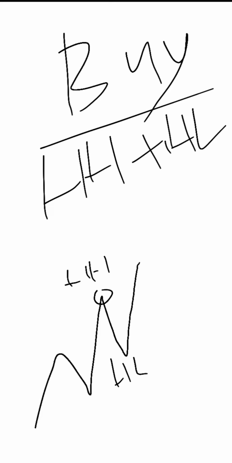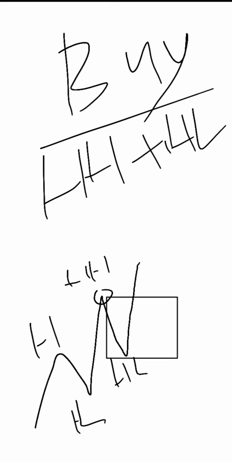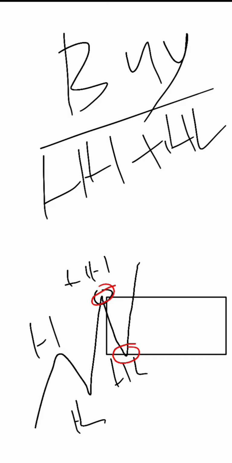So where should be the zone? This is a low and this is a high, okay? So where should be the zone for you to entry? Will be here. Simple. You just connect, okay? You just connect this higher high with this higher low, and then you form a rectangle, and this will be your zone to entry. Buy.